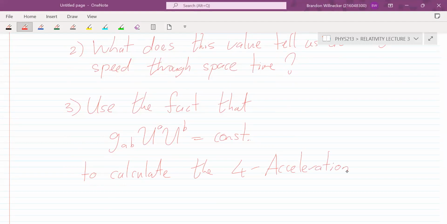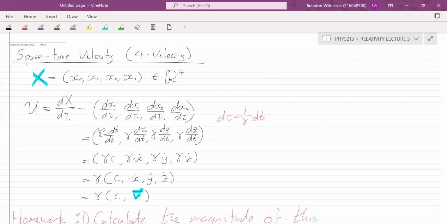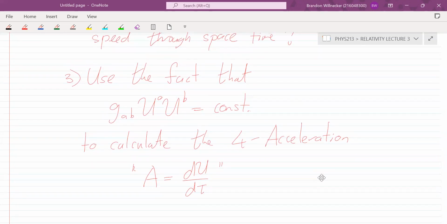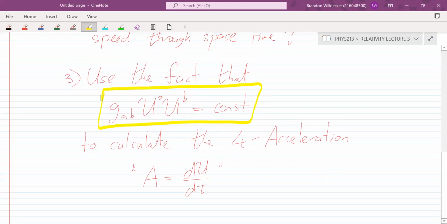Okay. Now, just recall from the position to the 4-velocity, we had d by dτ. That's how we got the 4-velocity. The 4-acceleration will be quite similar. So it's analogous. A is equal to du by dτ. Okay, so use that to calculate your 4-acceleration. Okay, and you can start from this formula over here. Okay, so that's part 3.